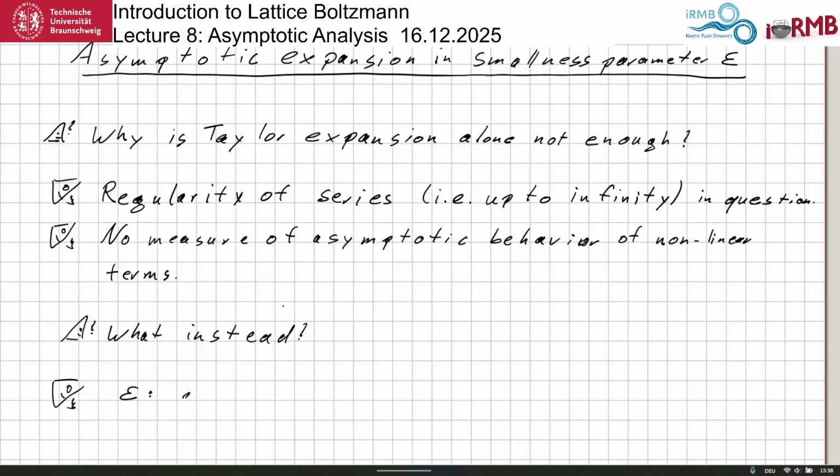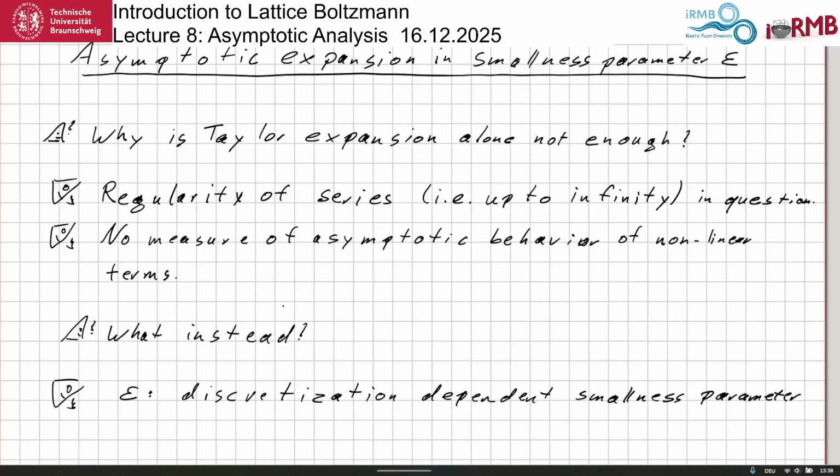So, this epsilon, I'm not a mathematician, so I don't call it h. This is a discretization-dependent smallness parameter.